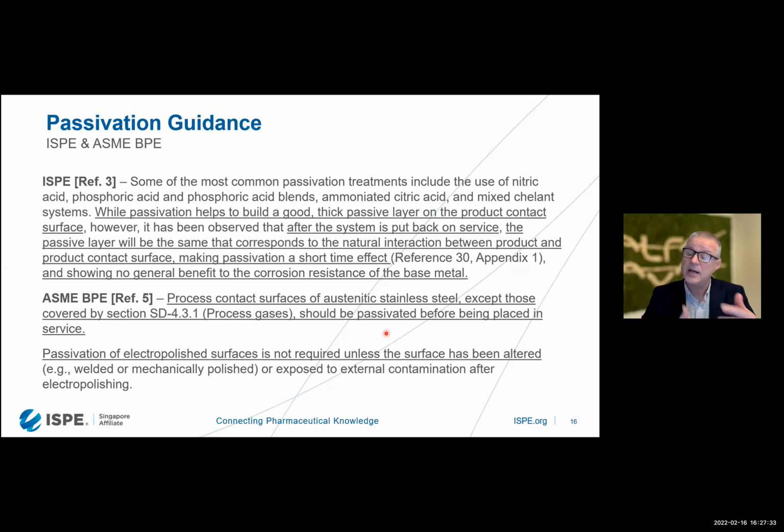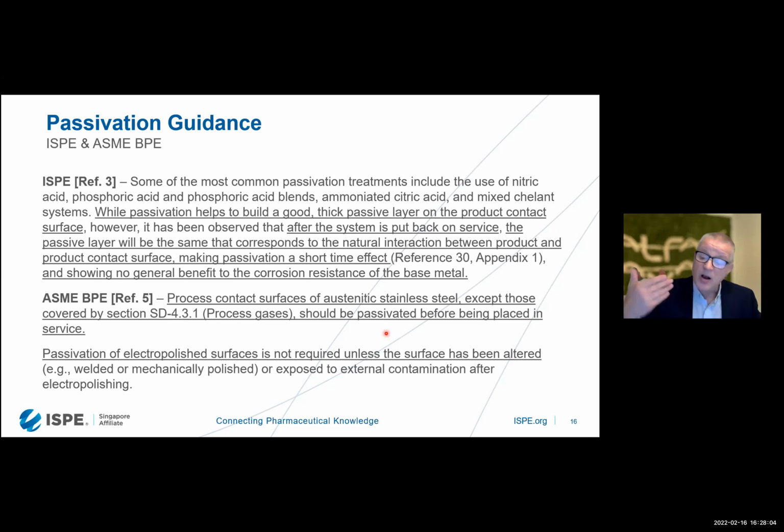Then it will have a natural passivation, meaning that using a lot of acids and passivating agents to speed up this passivation might give you a slightly thicker passivation, but after a while the top of this passivating layer will degenerate, and it will come back to the same thickness as a natural passivation.